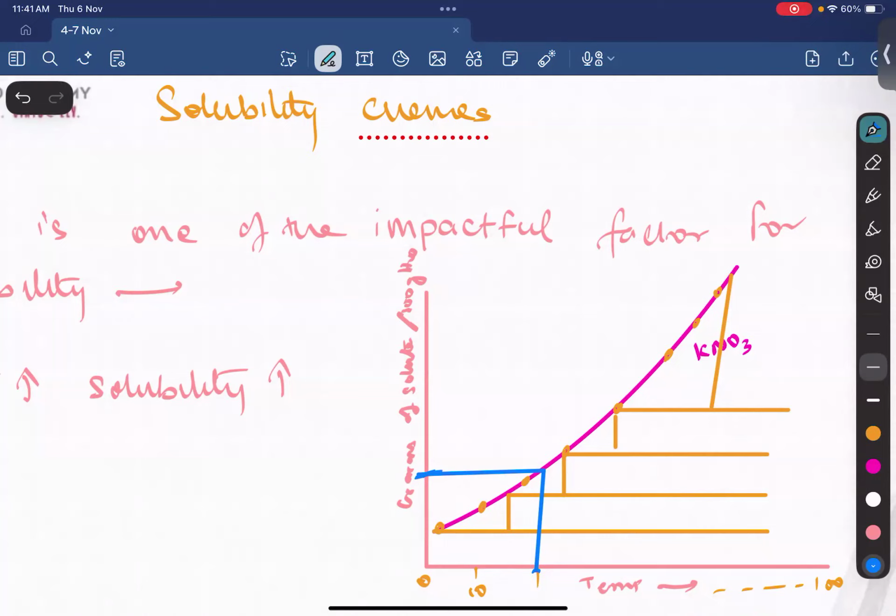So the solubility curve shows how much KNO3 in 100 gram of water has dissolved at a particular temperature. So this is called a solubility curve. I hope you have understood. If you have any question, you can ask me.